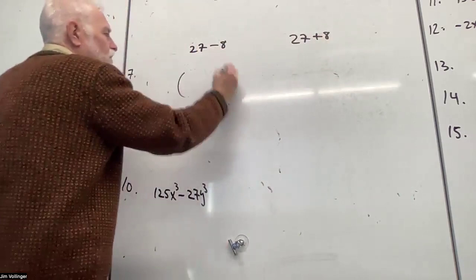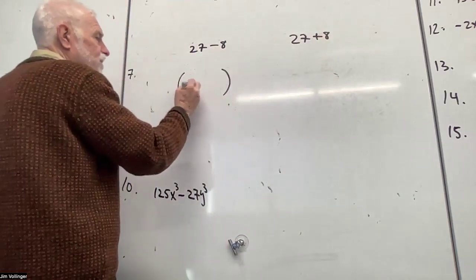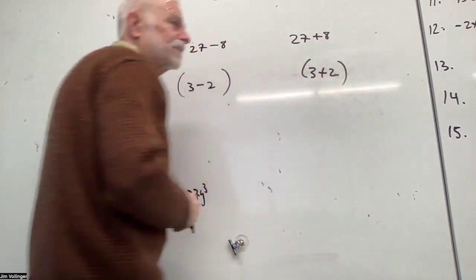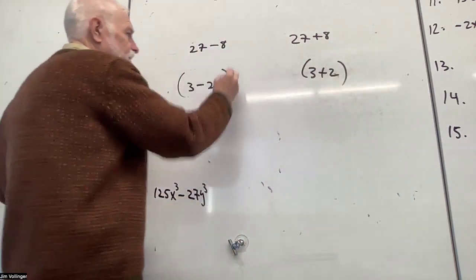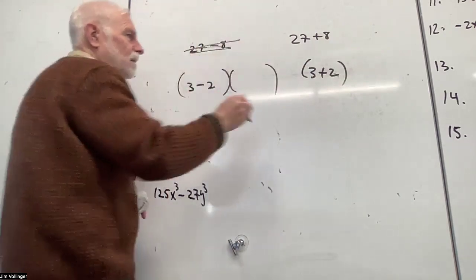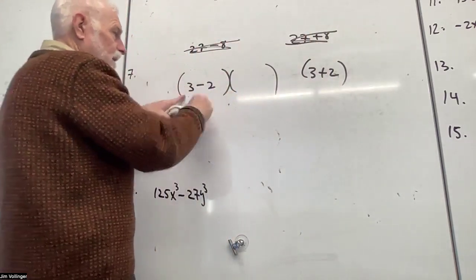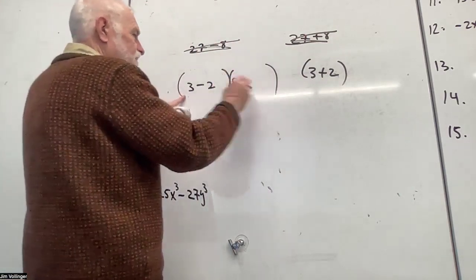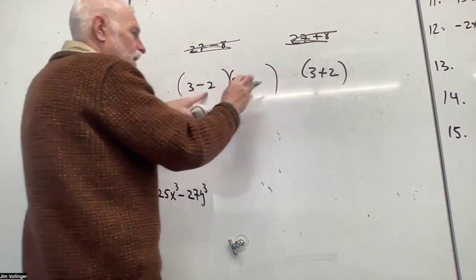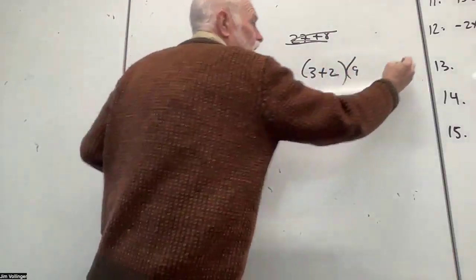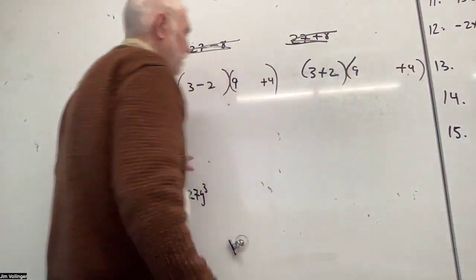We said you can work with the cube roots, and we drew the cubes. 3 minus 2, then this one is 3 plus 2. That's the start. The finish, I don't care about that anymore. I'm working with these numbers. And I know I got to cube the first, square the first, and I got to square the second.